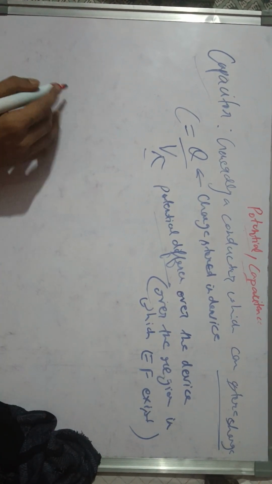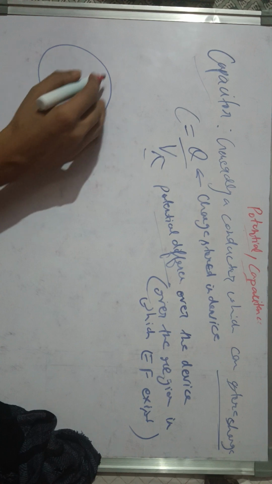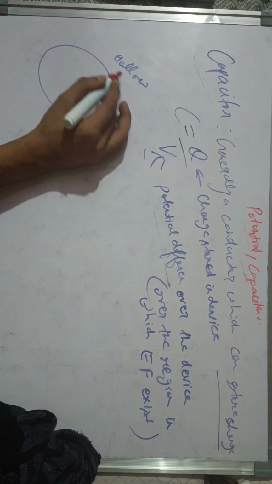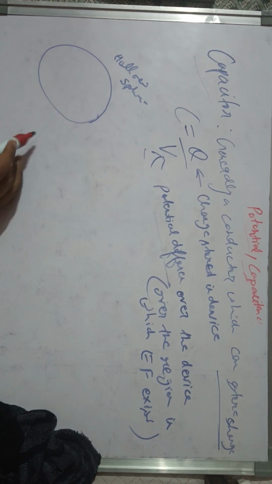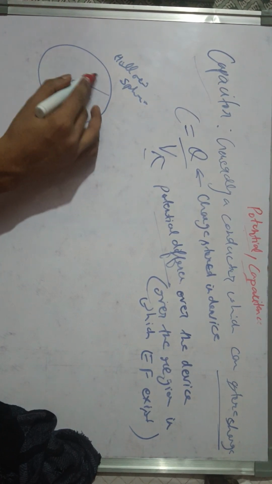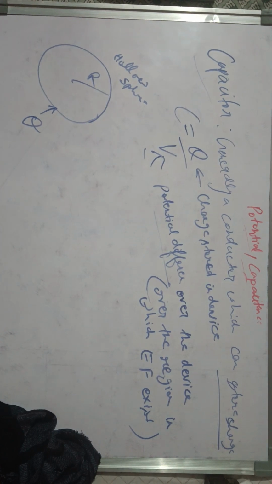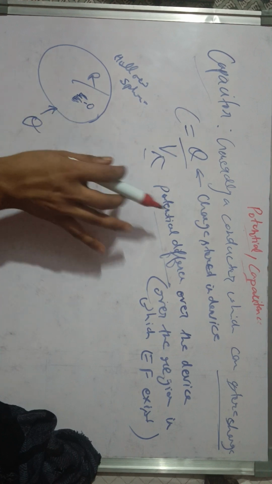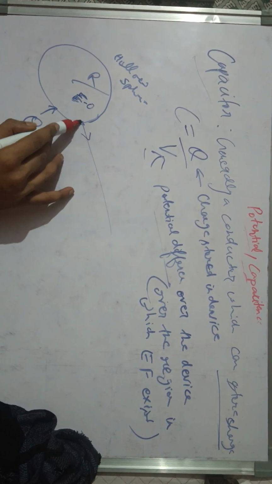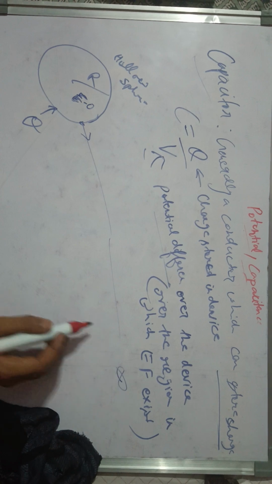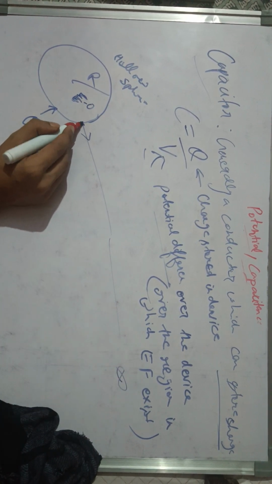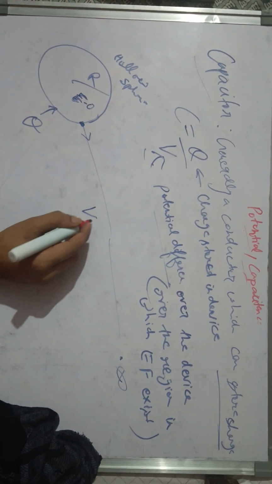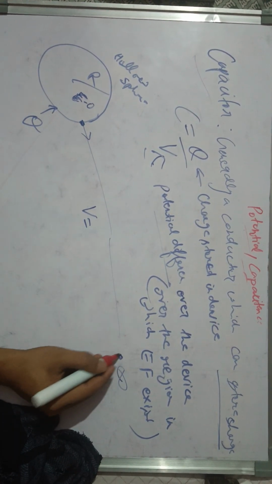So if I say that there is a body here, let's say this is a metallic sphere, hollow sphere, and if I store some charge q here, this is radius r, then the electric field is 0 here. So the electric field in this system is from this point to the infinity. So the electric field exists between this point and the infinity. So the potential difference V will be taken between this point and the infinity.